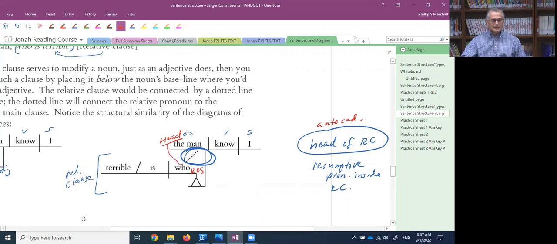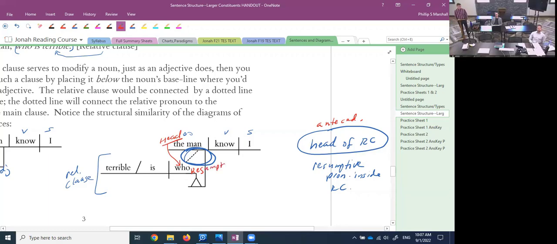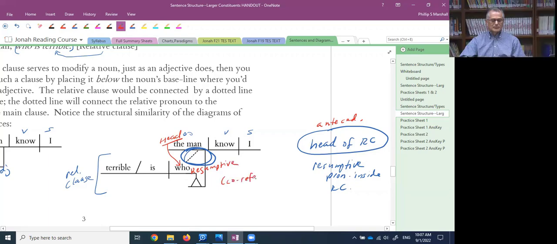I can replace the resumptive word with the head word, and it would mean exactly what it says. The man is terrible. Isn't that what I'm asserting here? I know the man who is terrible. I've got a man who is terrible, and I'm saying that I know that man, right? So the head and the resumptive element are co-referential in relative clauses.